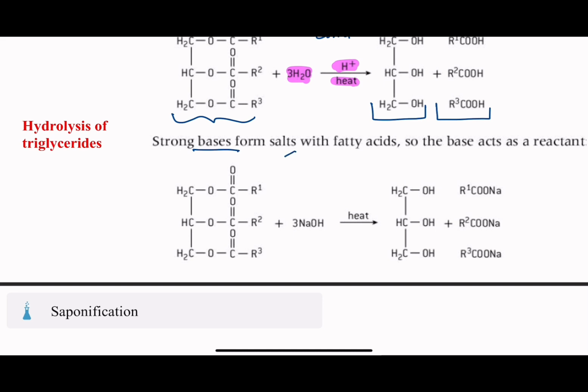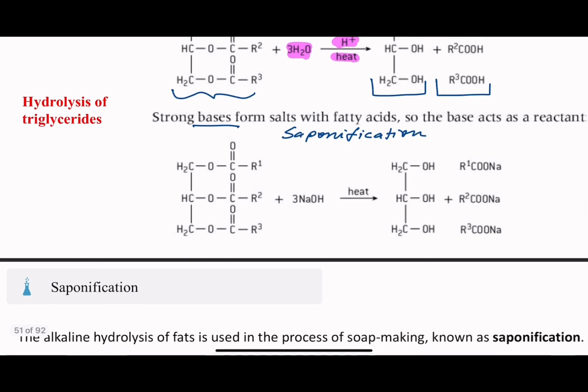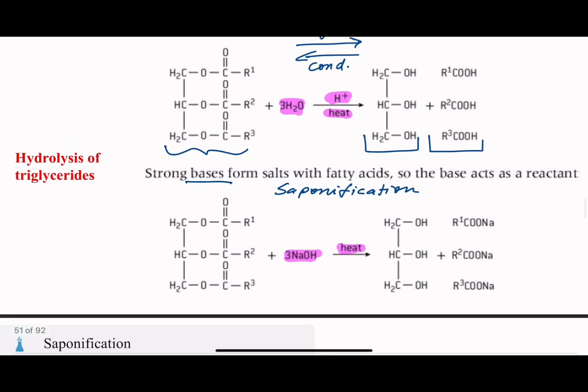And this process is actually called saponification. In saponification, you need to provide sodium hydroxide and heat. So this was acidic hydrolysis, and this is alkaline, or sometimes they call it basic hydrolysis.